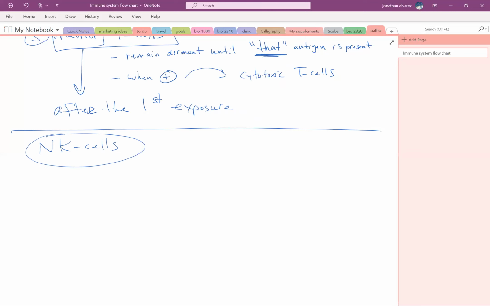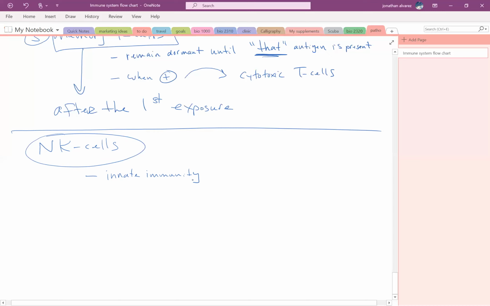Okay, first of all, they are considered part of your innate immunity. These guys are cool. Natural killer cells, they're crazy. They're so cool. Now what that means is you just have them. You're born with them. They're in your system, inside of you, and they're working.